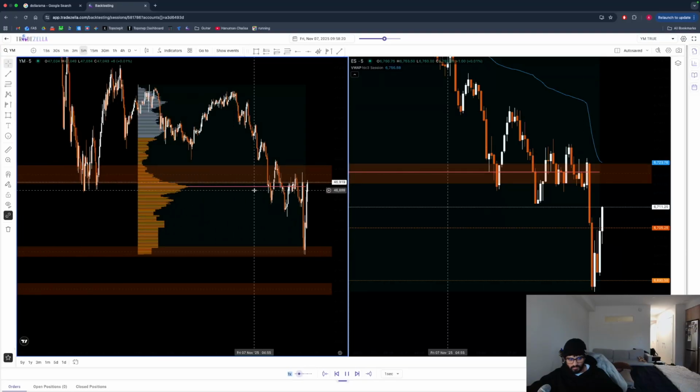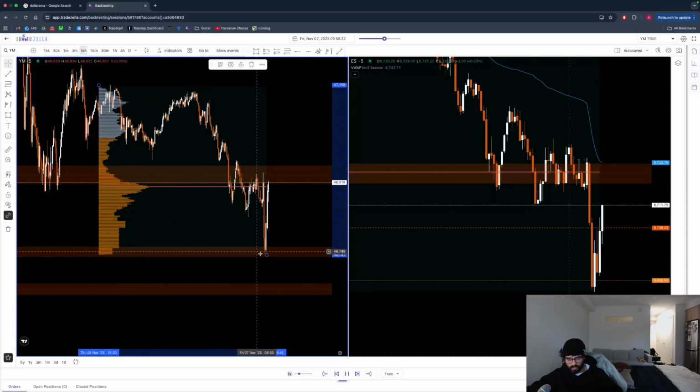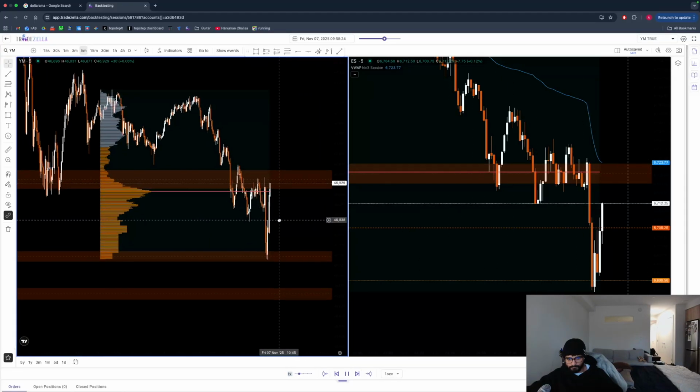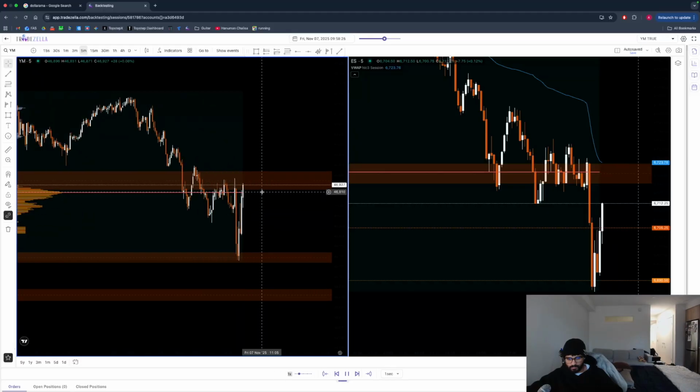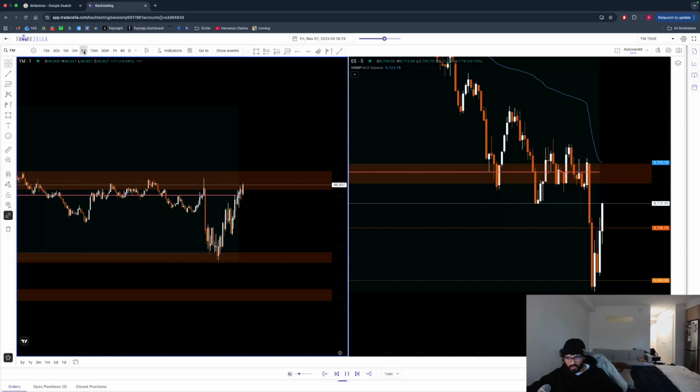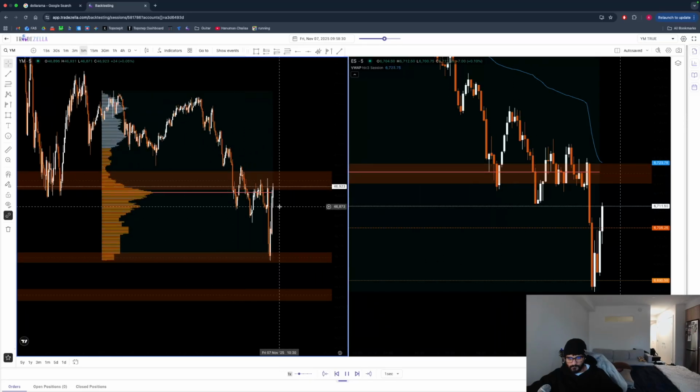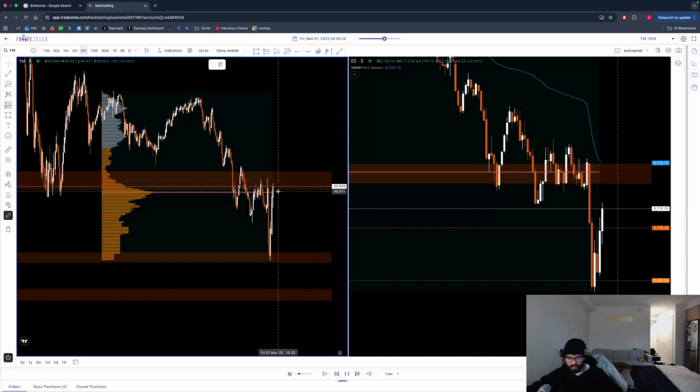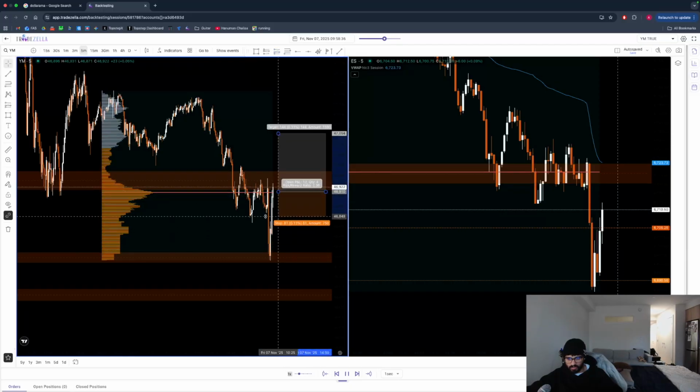All right, 10 a.m. is about to open up here. I would be comfortable taking a long through here, kind of like this, with a stop at the HVN there.